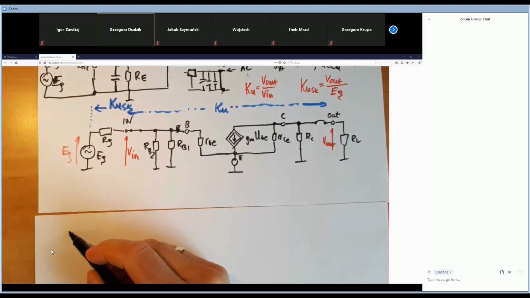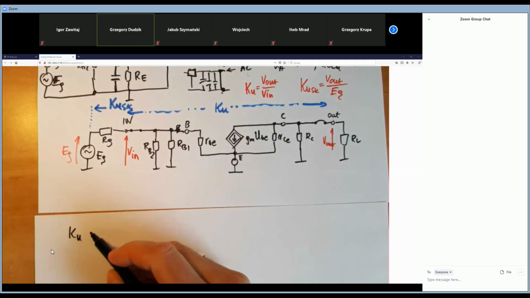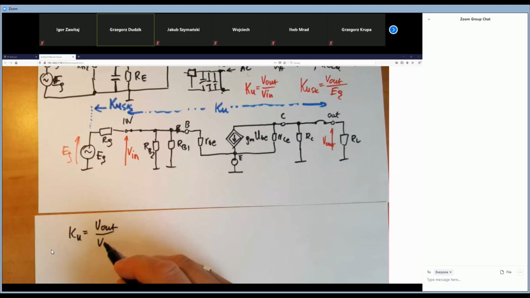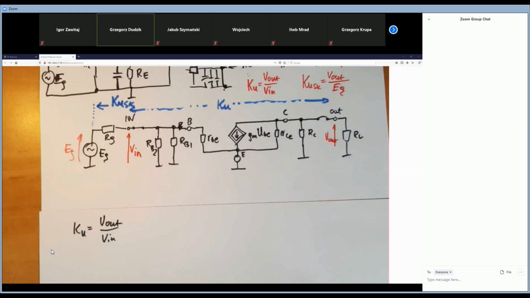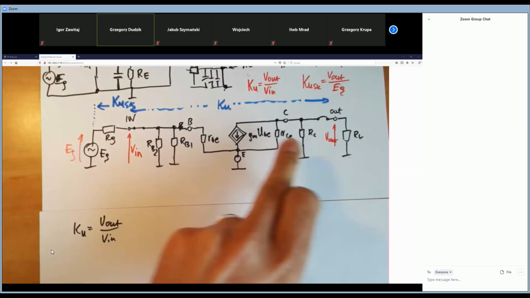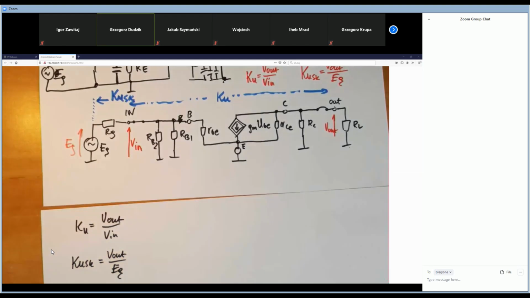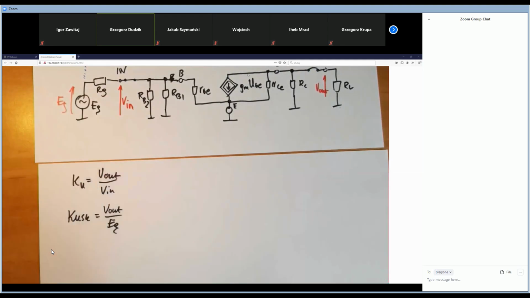The typical voltage gain, as I told you, is equal to V out over V in. The effective one is V out over EG, the value which is set on the generator, or on the signal.